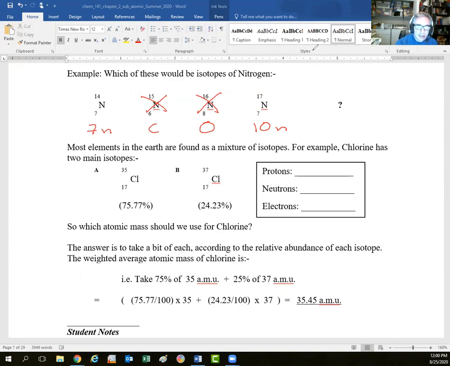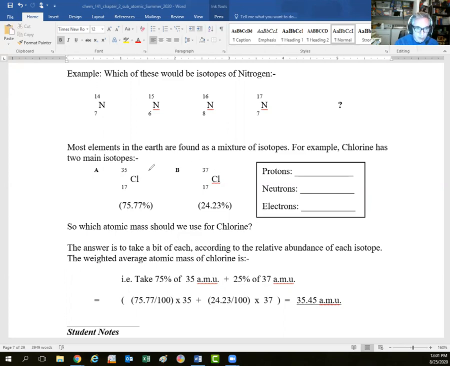When we look at these elements, it would be a pain if we had to perform calculations multiple times over because of multiple isotopes. So we take an average for the mass of each element based on the isotopes it has and the relative abundance of those isotopes.